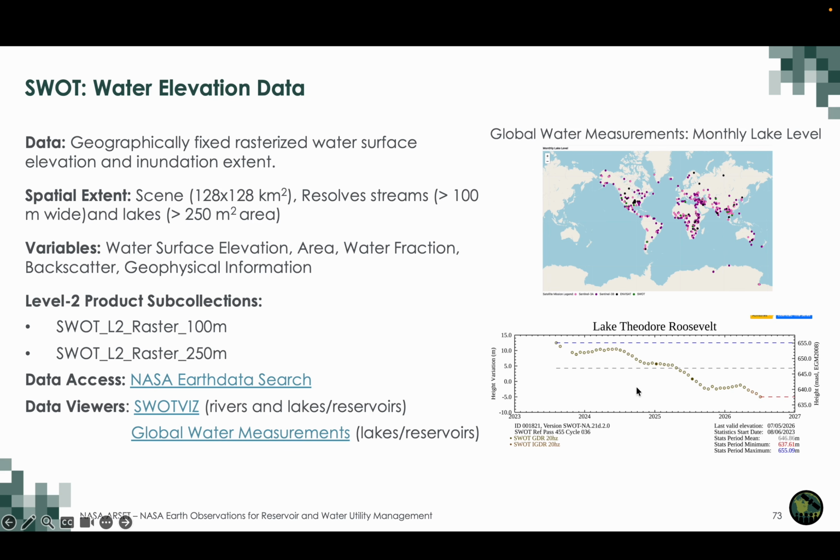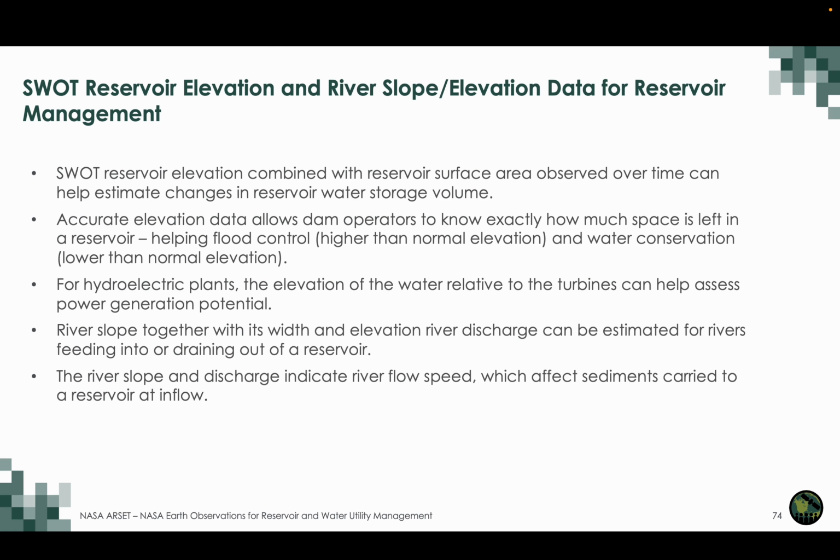This is from SWOT, starting during the late part of 2023 going to present. You can see height variations in meters ranging from -10 to 15 meters over this period in this lake. So we will have a short demonstration of Global Water Measurements soon.